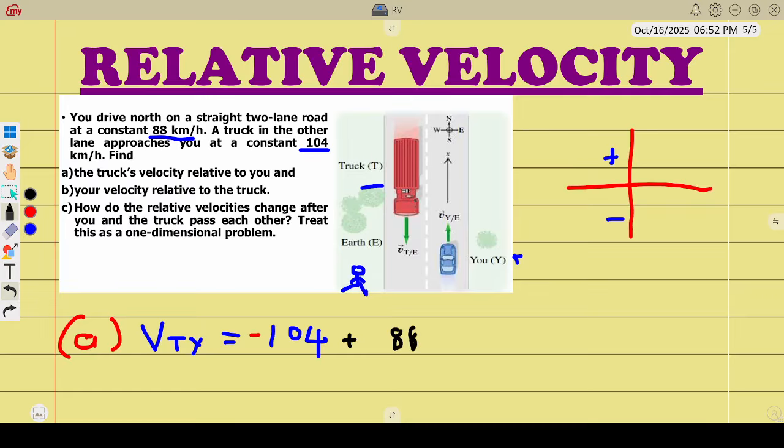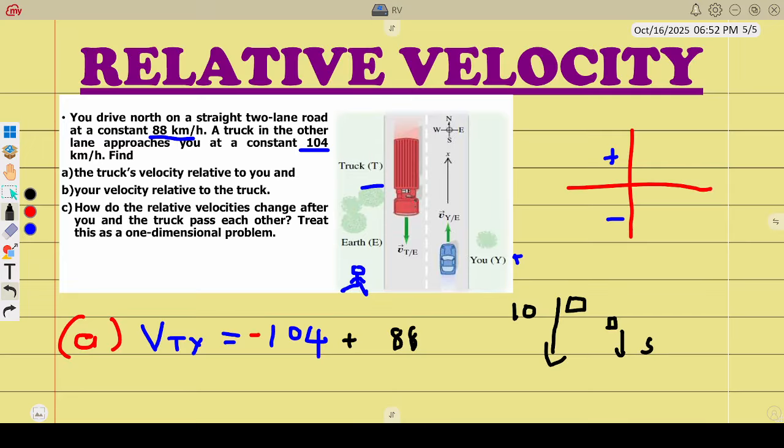The only way we can understand this nicely is if we say we have a truck coming down like this, let's say the velocity is 10 meters per second, and another car is going in the same direction, maybe at 5 meters per second.